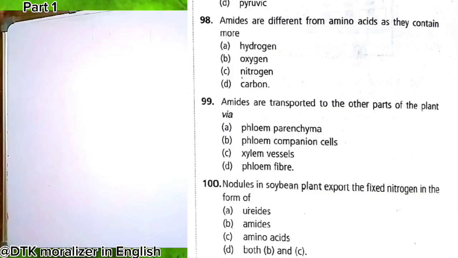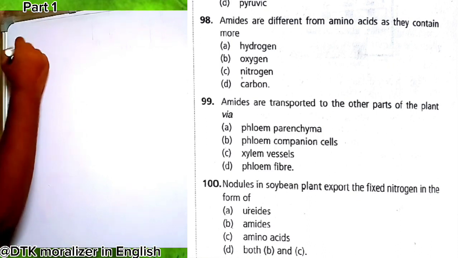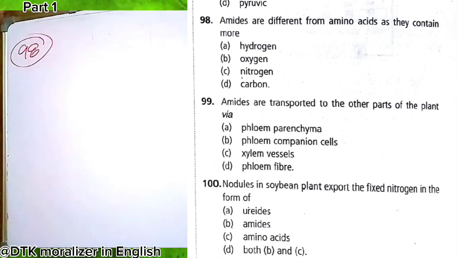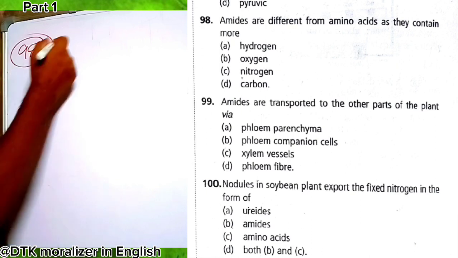Now question number 98. Amides are different from amino acids as they contain more hydrogen, oxygen, nitrogen, carbon. Amides are different from amino acids as they contain more, option C, nitrogen.